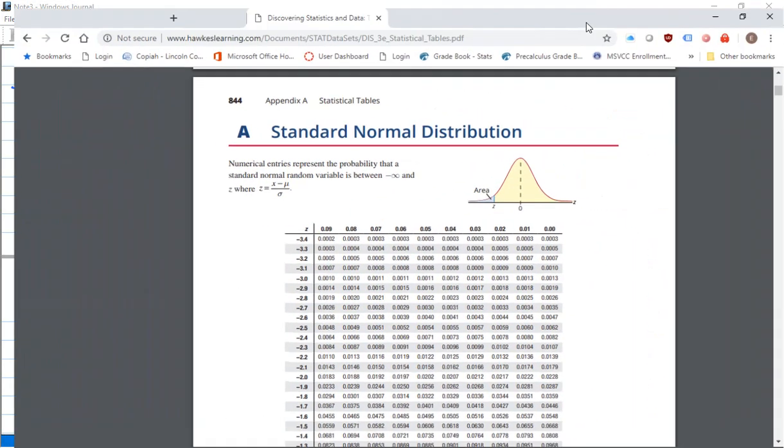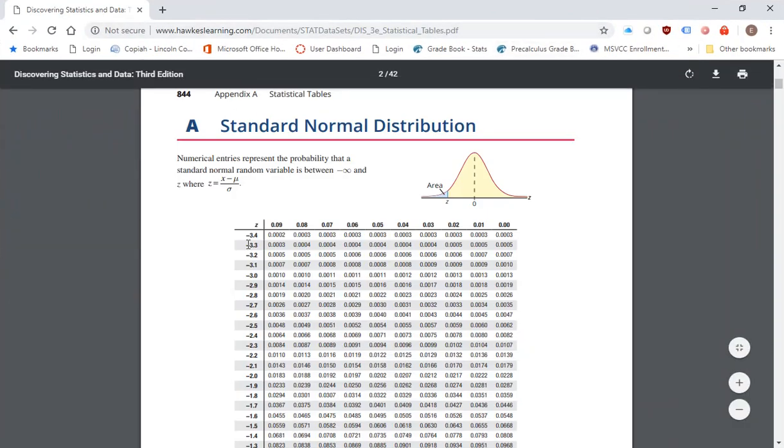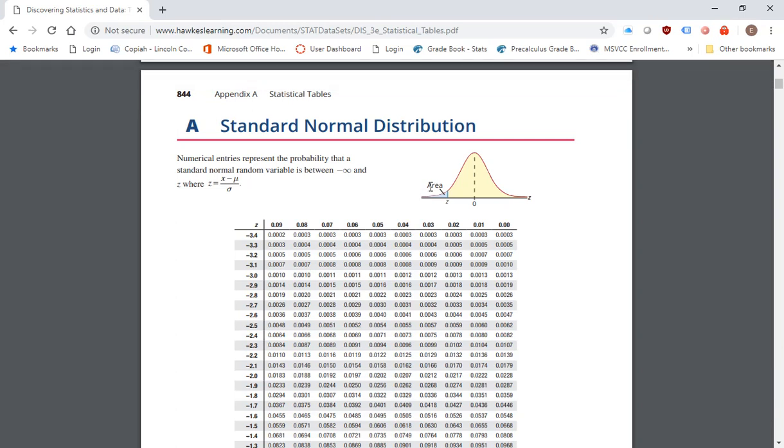All right, so here is table A. Remember, the way that our tables work, it's very important that you understand with the tables that we're using. They will give us the area cumulative from the far left all the way until we get to the z value that we're looking at. Z values to the left of the center are all going to be negative. Z-values to the right of the center are all going to be positive.